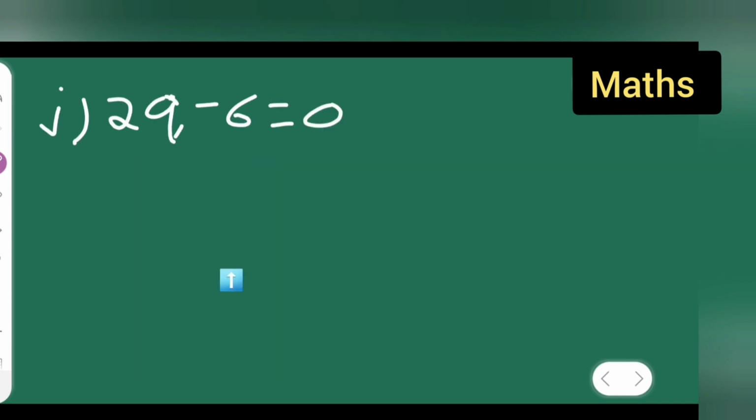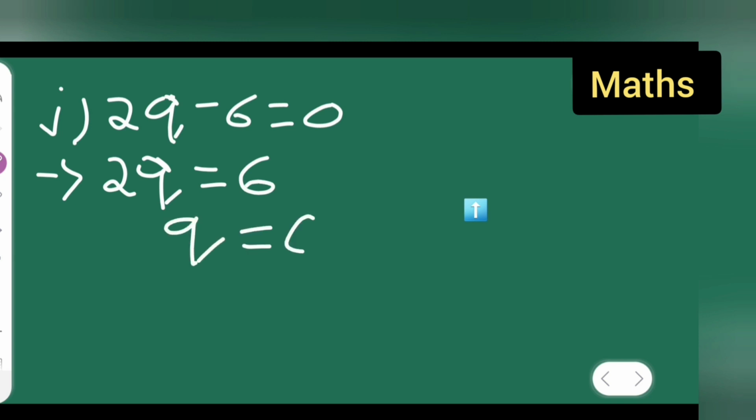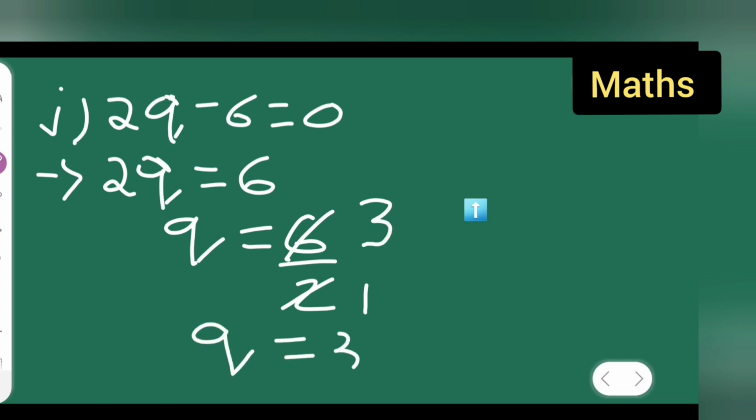Next, moving further, J. 2Q minus 6 is equal to 0. How you all are going to solve this? This is very easy. Write down 2Q. Take the 6 other side. So it will become positive 6, right? Is equal to 6. So it will be Q is equal to 6 upon 2. So you will get 2 ones are 2, 2 threes are 6. So your answer is Q is equal to 3.